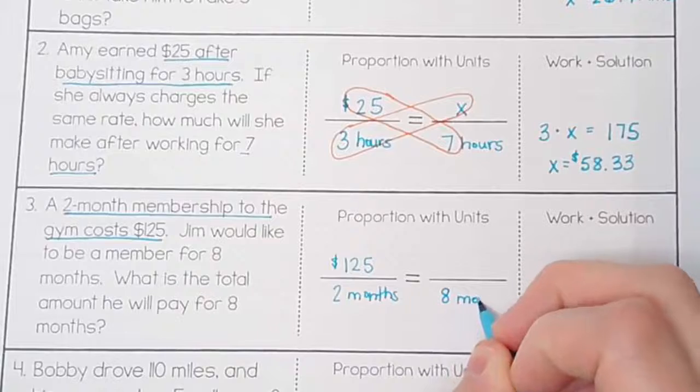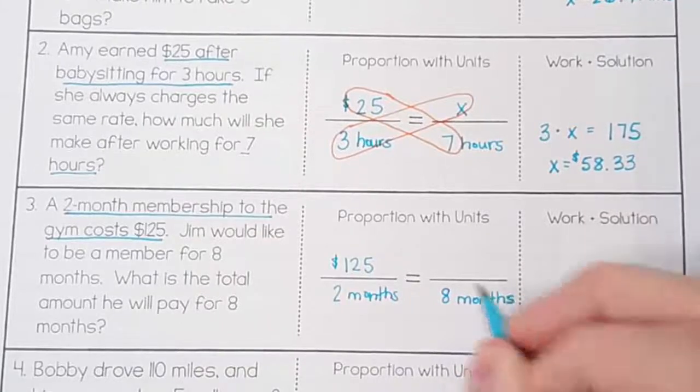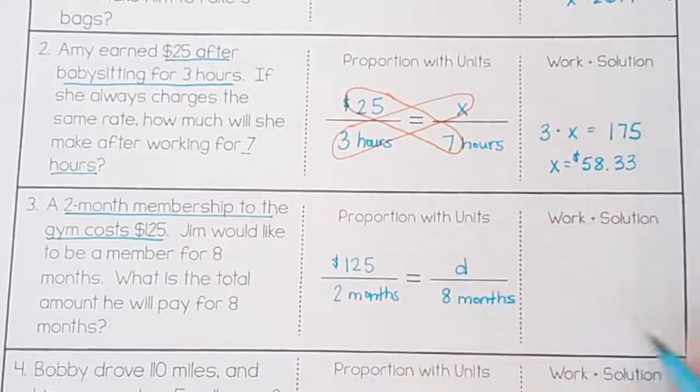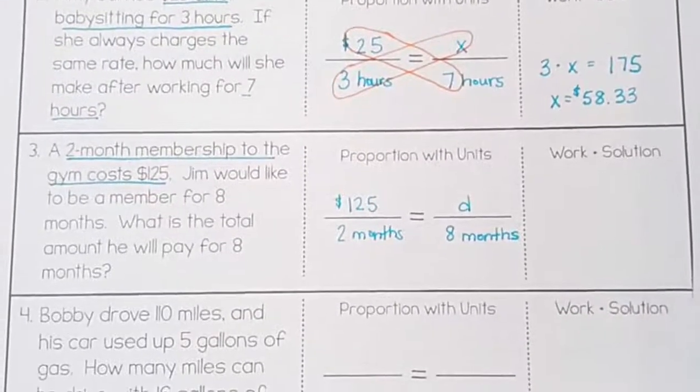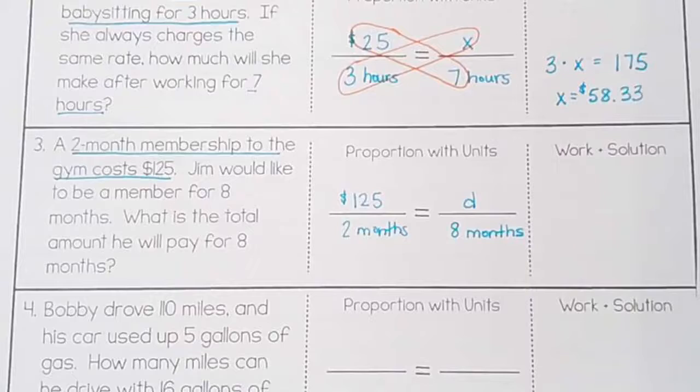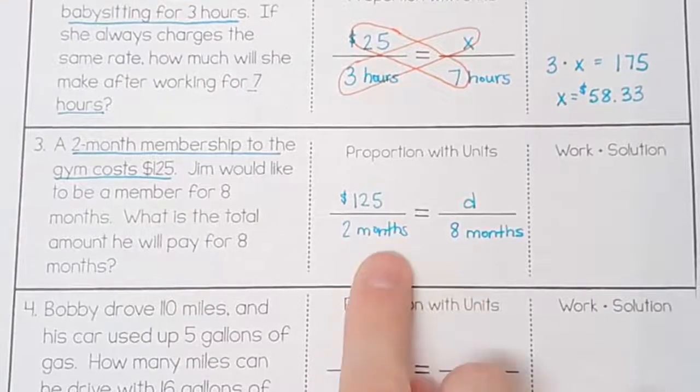Now, luckily this one's a nice proportion because there's an easy connection from one side to the other. So what I mean by that is 2 and 8 have a nice connection. What times 2 gives me 8? And hopefully you know that's 4. So if I times the bottom by 4, then you do the exact same thing with the top. You don't have to worry about any cross multiplying or dividing or anything like that. You just find that connection and then you can solve.